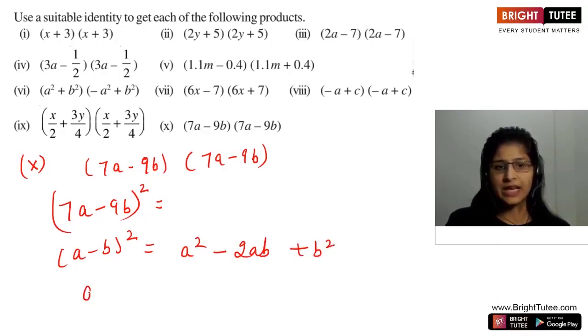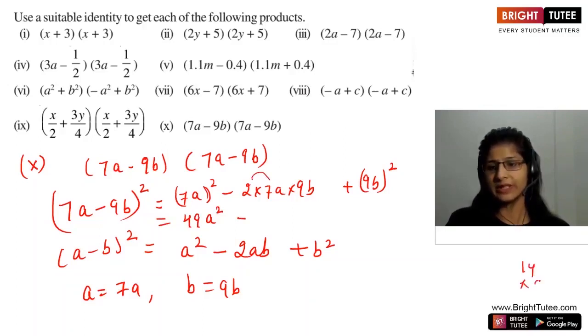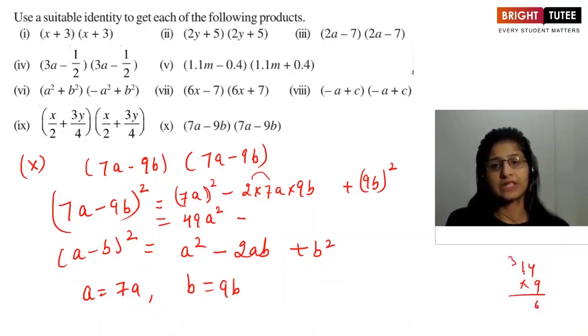So comparing it, a is equal to 7a and b is equal to 9b. Let us put it here. (7a) whole square minus 2 into 7a into 9b plus (9b) whole square. So we get 7 sevens are 49 a square minus, just see, 2 sevens are 14, 14 into 9, just multiply it. 9 fours are 36, 3 is the carry. 9 ones are 9 and 3 is 12.